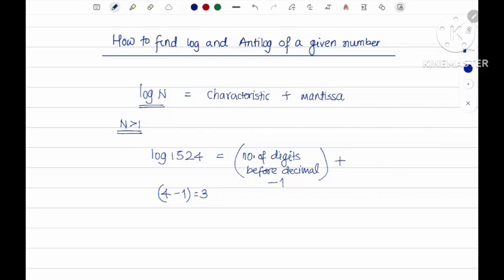For mantissa, we will remove decimal if at all it is there in the number, and as a whole number we will see into the log table. In the log table we will see into the 15th row under second column and addition 4. Let me tell you how we should see.